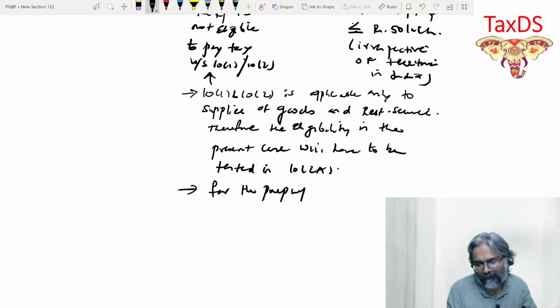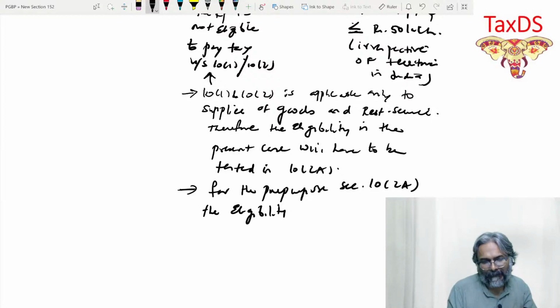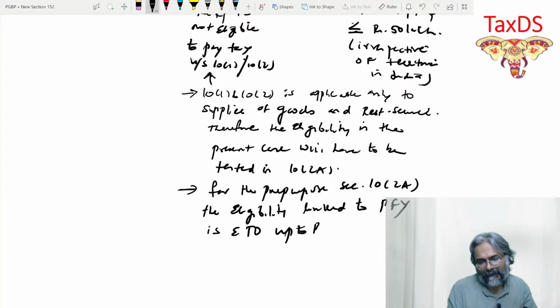So for the purpose of section 10-2A, the eligibility is linked to the previous financial year aggregate turnover up to rupees 50 lakhs.